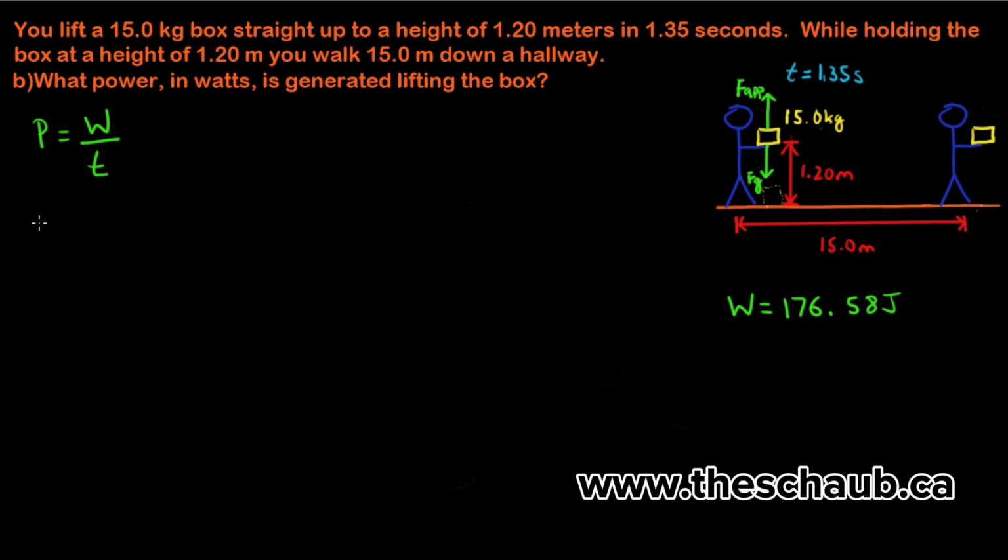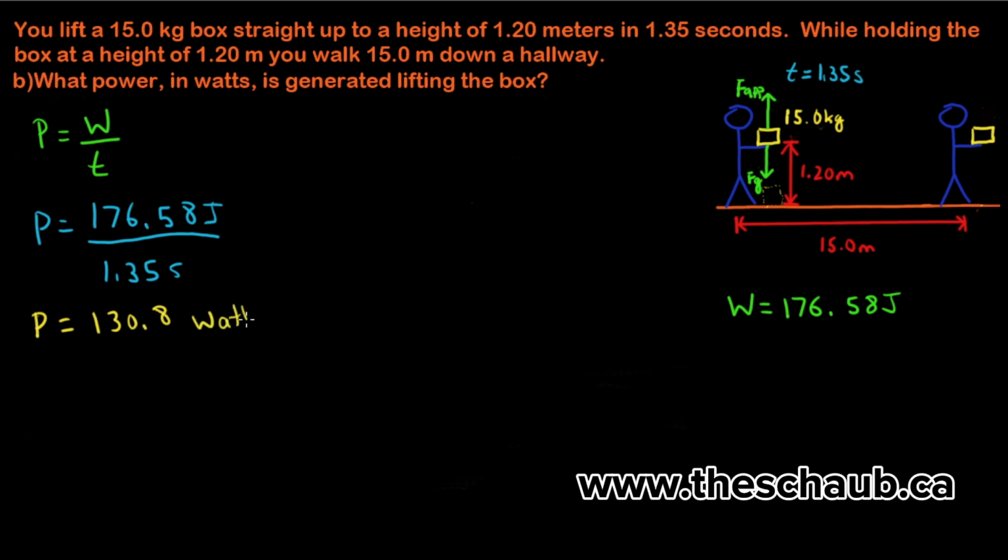We can immediately substitute our values. So power is equal to the work we calculated in part A, 176.58 joules. And this is divided by the time it took to lift the box, 1.35 seconds. 176.58 joules divided by 1.35 seconds gives us a power of 130.8 watts.